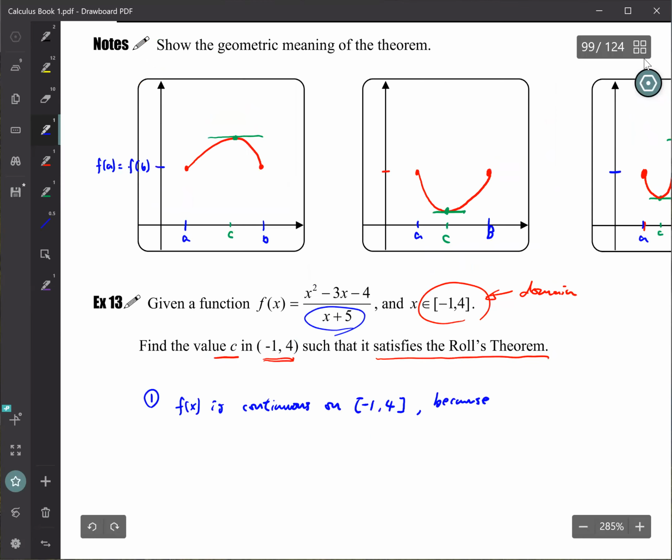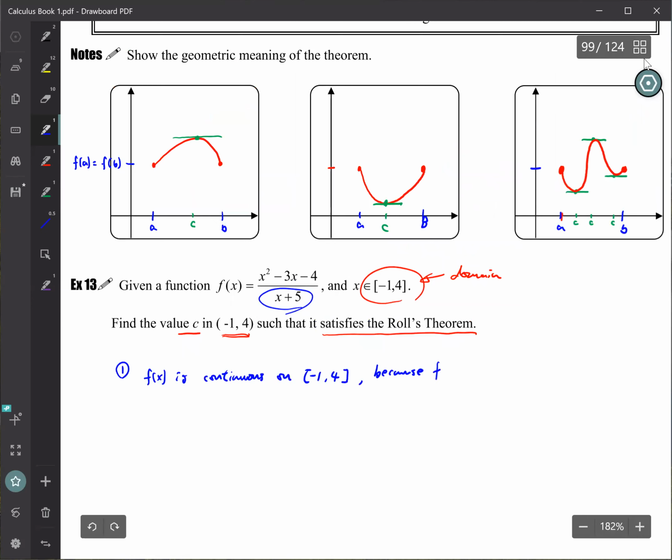So you can say f of x is continuous when x is not equal to -5. So of course, -1 to 4 does not include -5, right? So that's okay, that's why it's continuous on that interval.